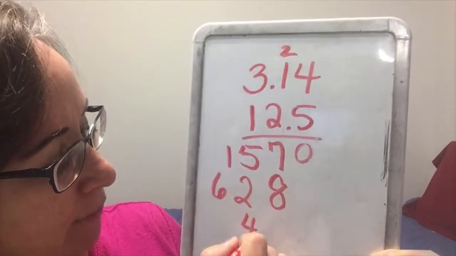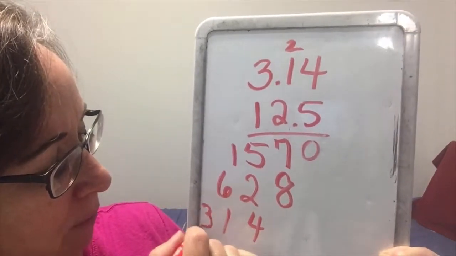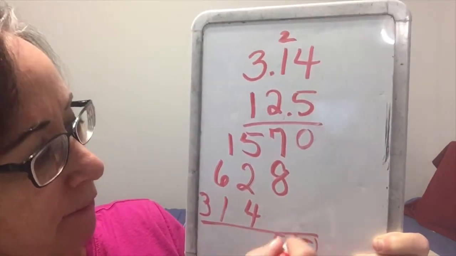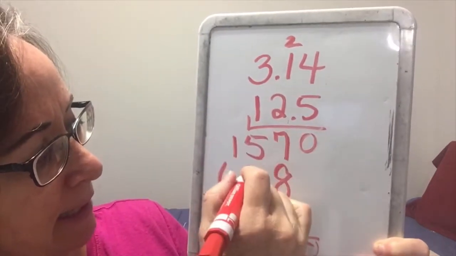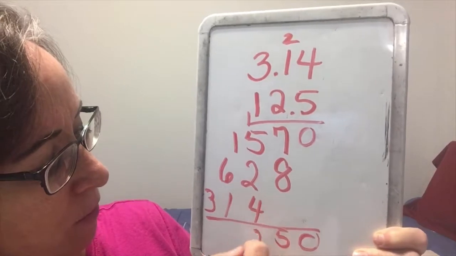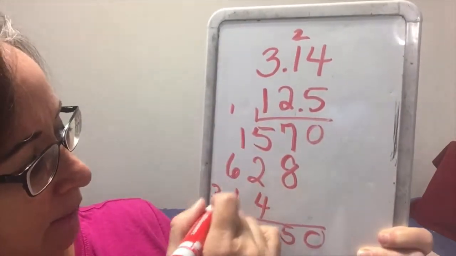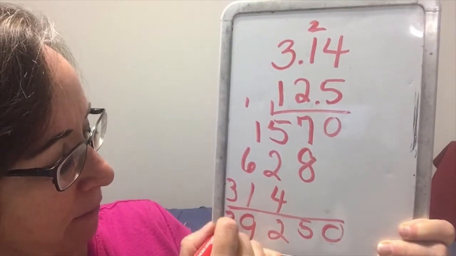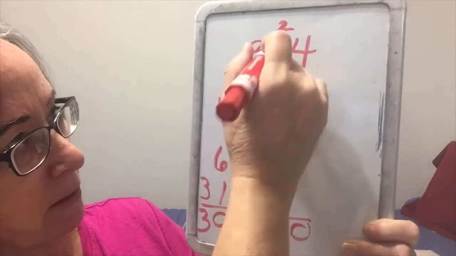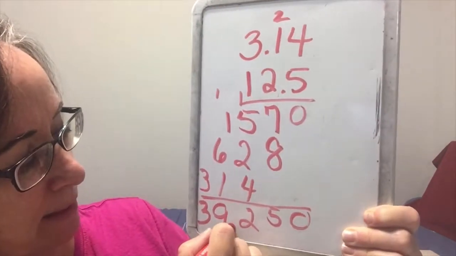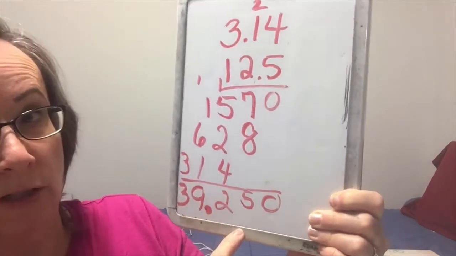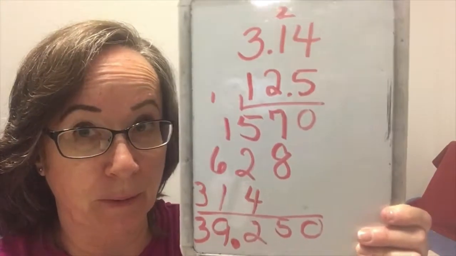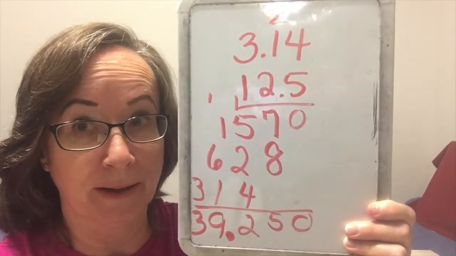And we're just going to get a 4 and a 1 and a 3 when we multiply by 1, and we add them all up. With 3 decimal places, 39.250 or 39.25 will be what we carry over to the other board.